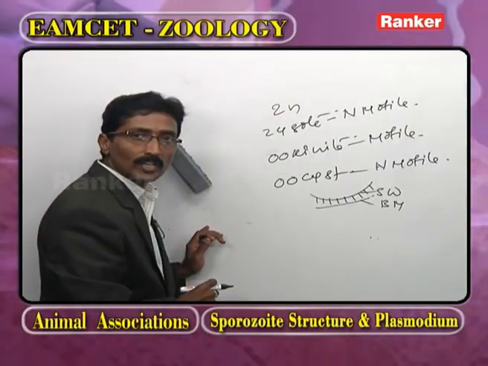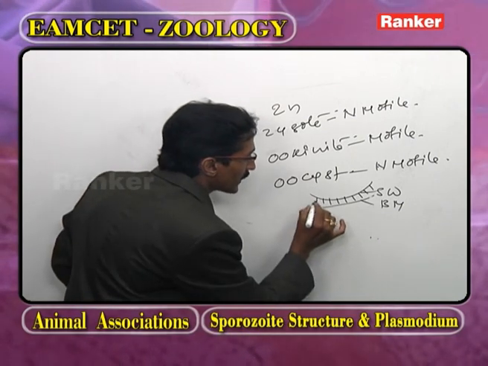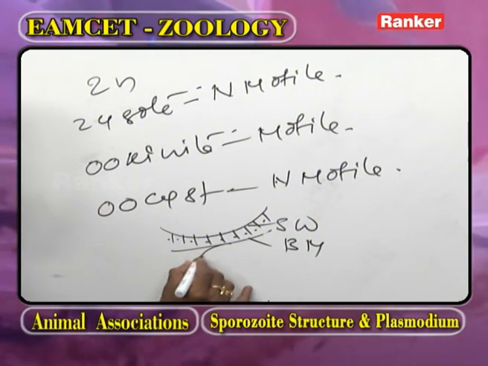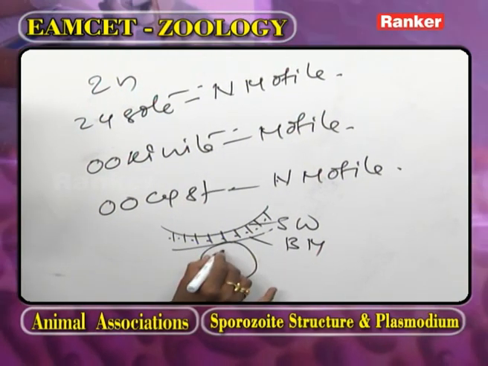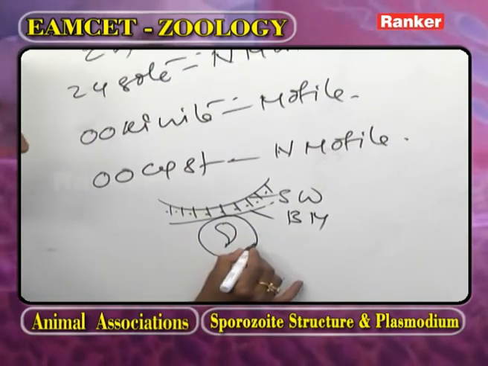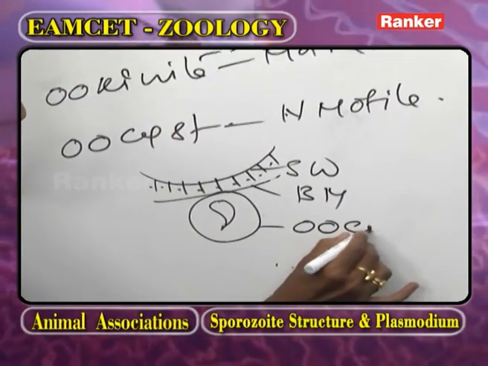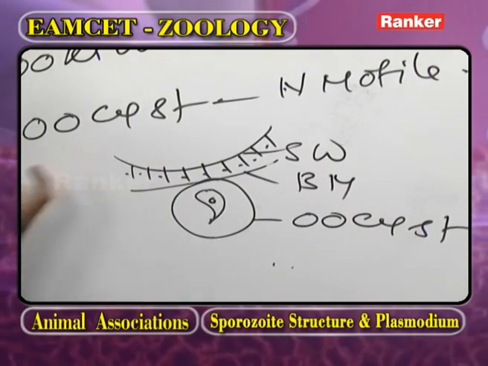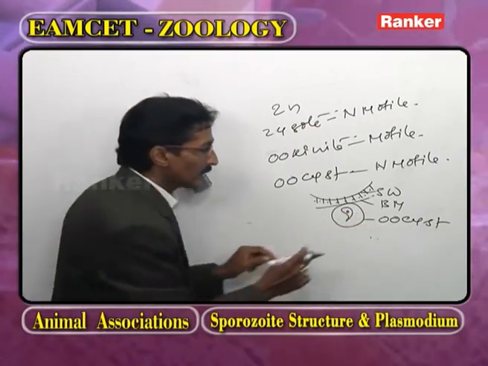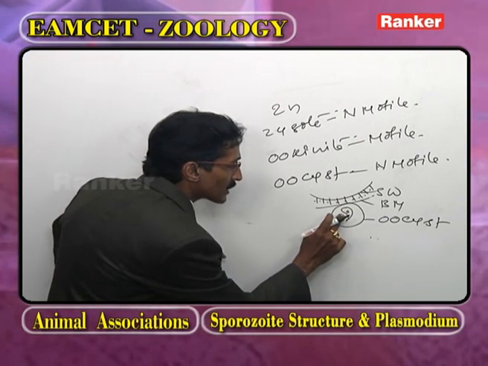SW means the stomach wall of the mosquito, and this is the basement membrane. Below the basement membrane, what is present? The encysted ookinete. The encysted ookinete we call the oocyst. Now inside the cyst, what is present?